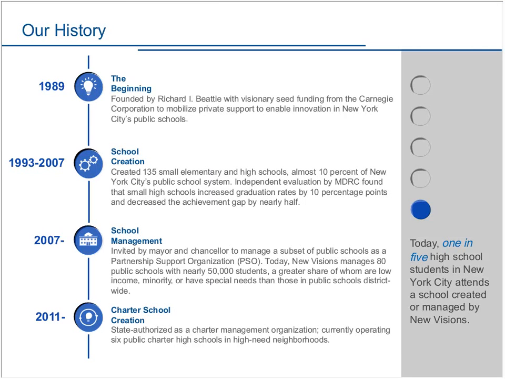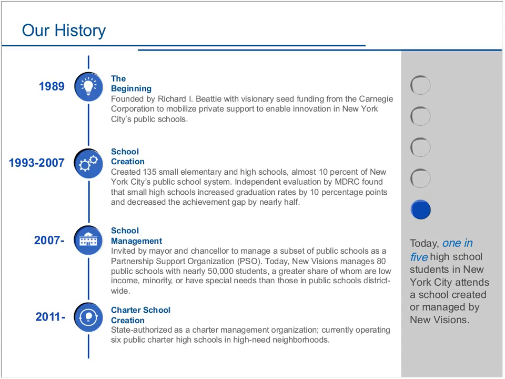New Visions is a school reform organization that was started back in 1989. We were founded about 5 years after that watershed report, A Nation at Risk. And as most everybody here knows, that report highlighted the increasing rates of illiteracy, increasing numbers of graduates who are unprepared for college work.